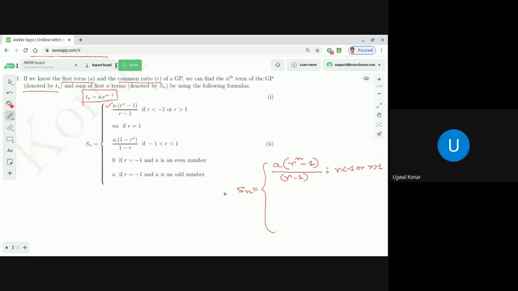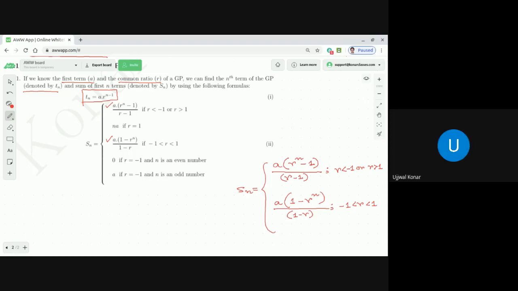That case is A into 1 minus R to the power n divided by 1 minus R, when minus 1 is less than R less than 1. But these are the two major formulas, by the way. The other cases I discussed are very corner cases. First, focus on these two.